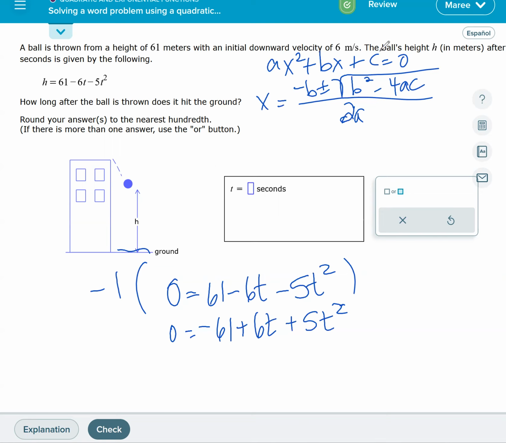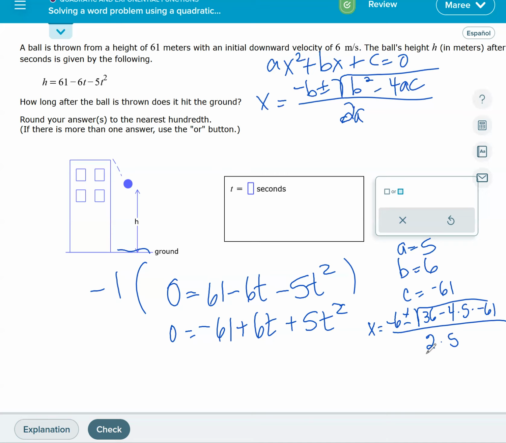So in this problem, a is 5 because that's the coefficient of t squared, b is 6, and c is -61. So when we solve for x, we have -6 plus or minus square root 36 minus 4 times 5 times -61 all over 2 times 5.